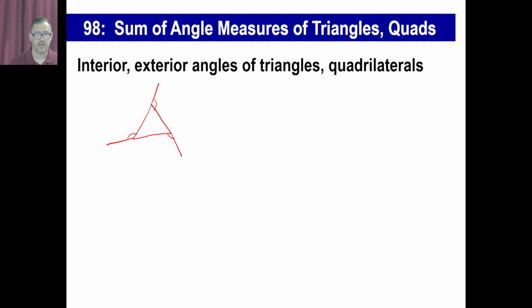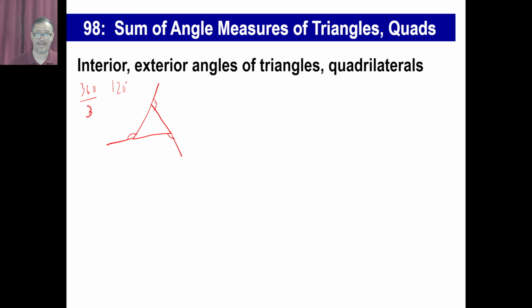It doesn't mean you're going to go exactly the same each turn, but let's say you did. On average, 360 divided by 3 is 120 degrees.